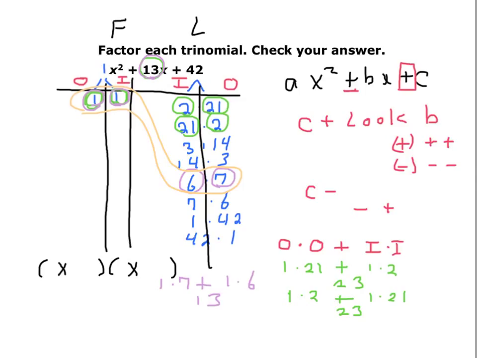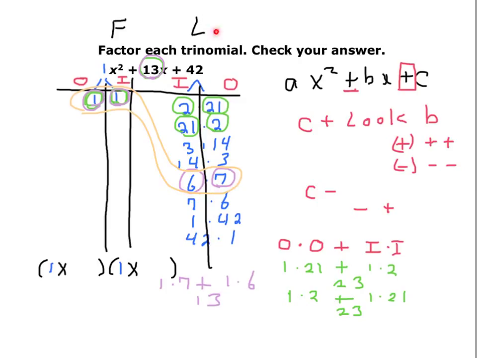Now, for my first term of the trinomial here, I am going to put this 1 in the first spot right there, and I'm going to put this 1 in the first spot of that binomial right there. Okay, so 1 and 1. And I always put it in the same order. So this 1 goes first, that 1 goes second. Next, I'm going to take this 6 and this 7.